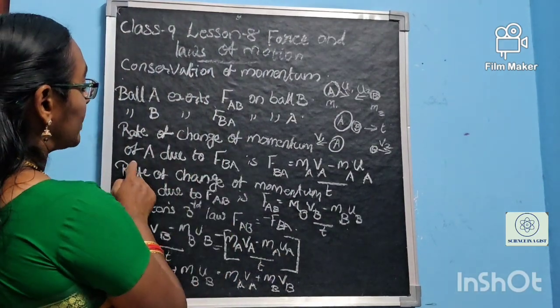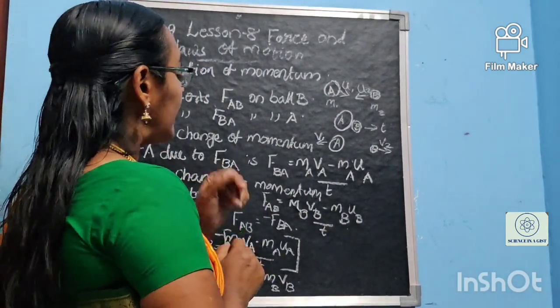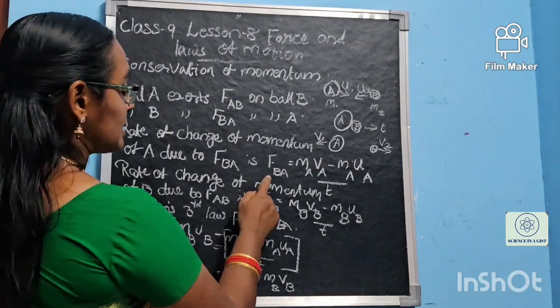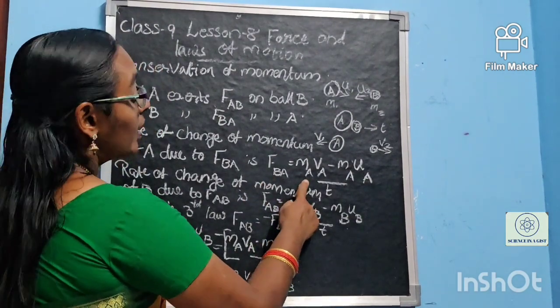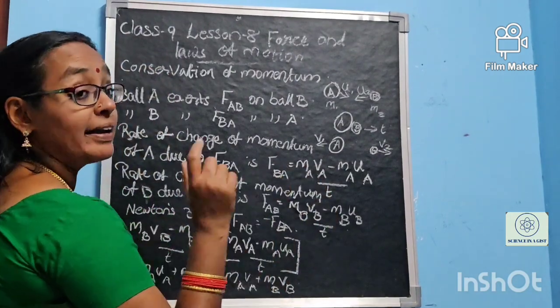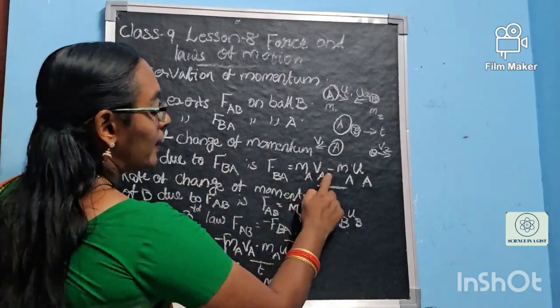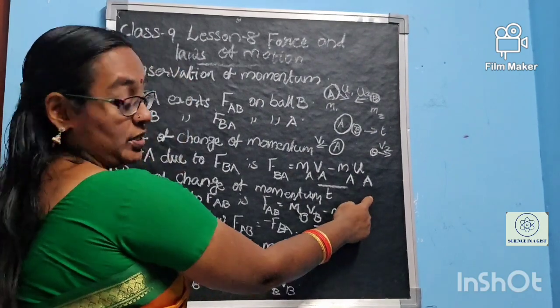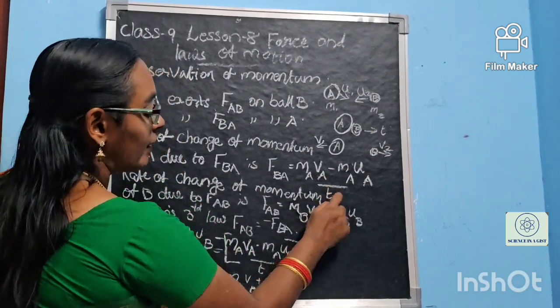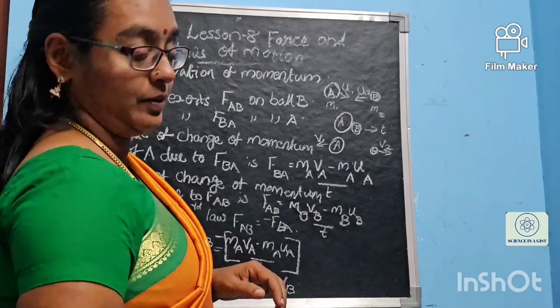The rate of change of momentum of A due to FBA is: FBA equals mA vA, that is the final velocity of ball A, minus mass of ball A into initial velocity, mA uA, divided by t, that is a particular time t.